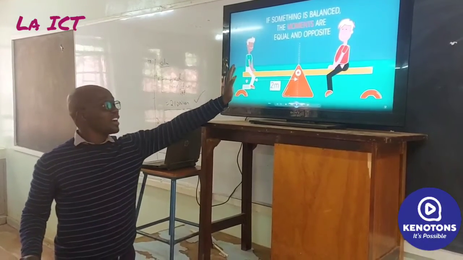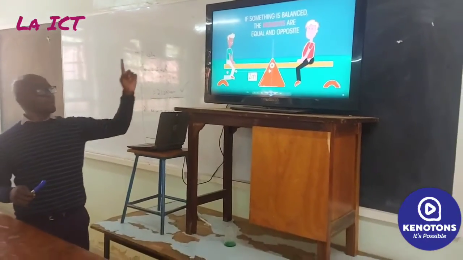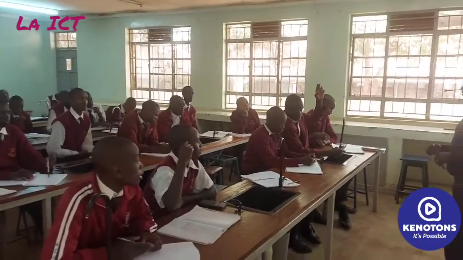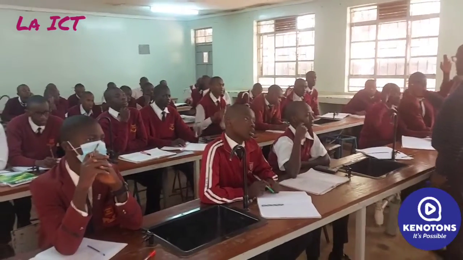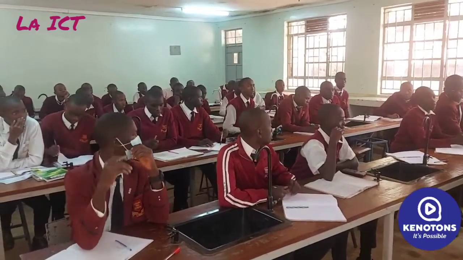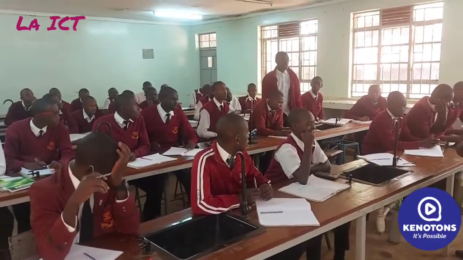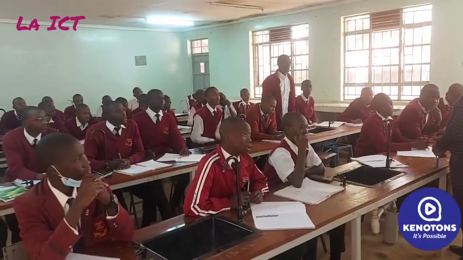Can someone tell us, from the definition of what we have talked about, what will be the moment of force of the boy? 1,000 Newton meter. How do you get 1,000 Newton meter?